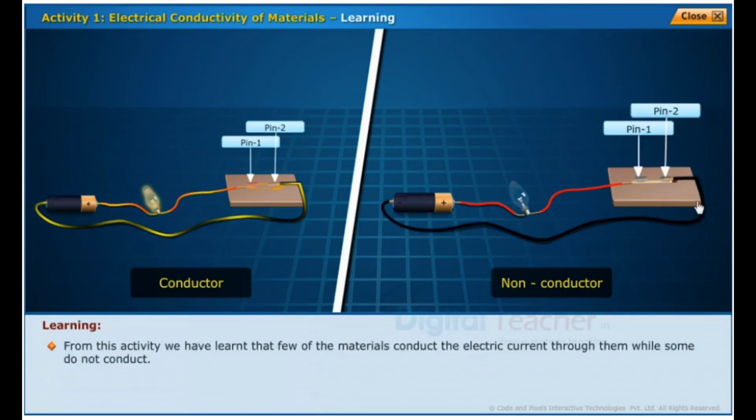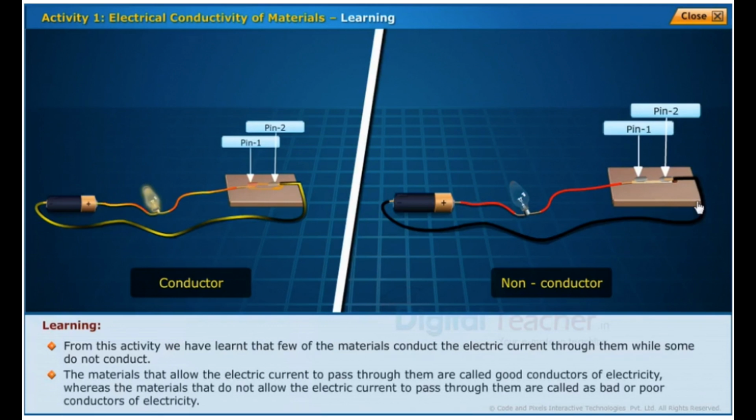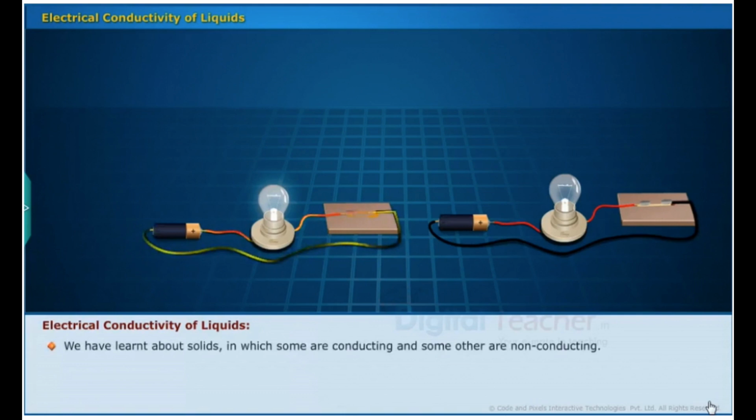From this activity, we have learned that few of the materials conduct the electric current through them while some do not conduct. The materials that allow the electric current to pass through them are called good conductors of electricity, whereas the materials that do not allow the electric current to pass through them are called bad or poor conductors of electricity.